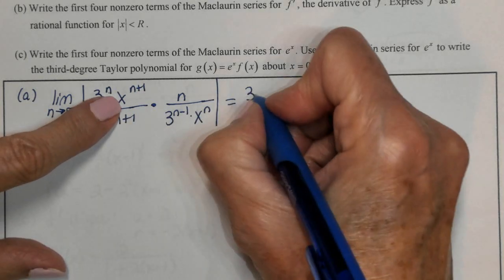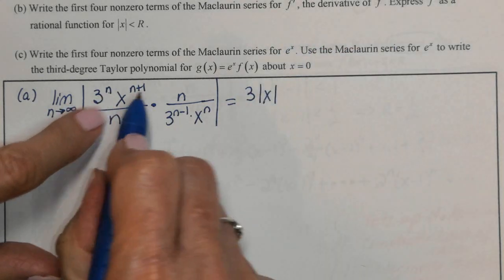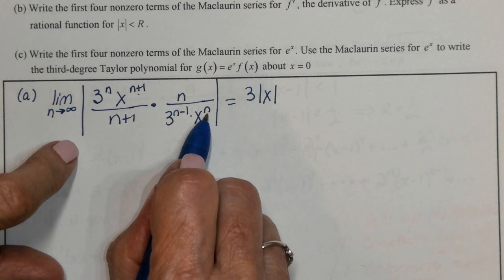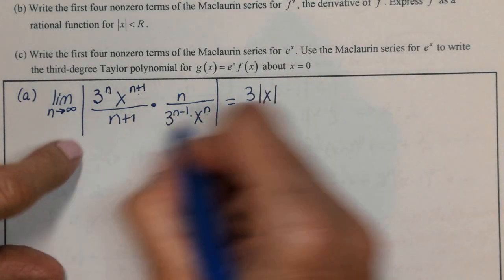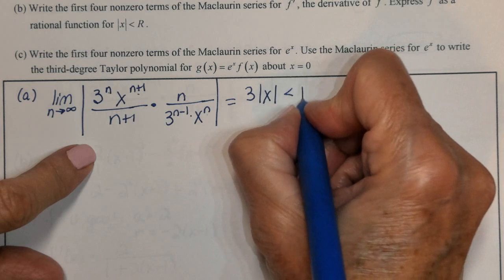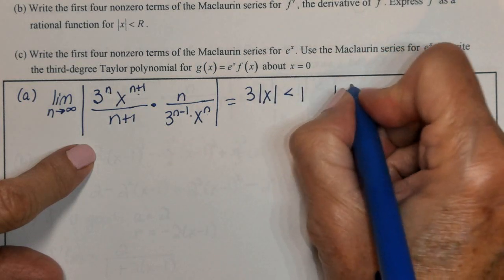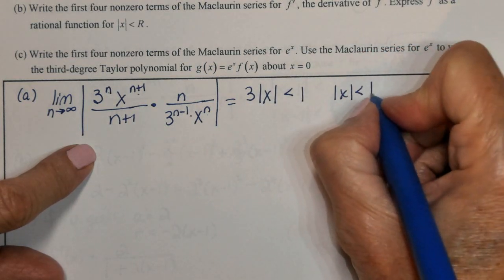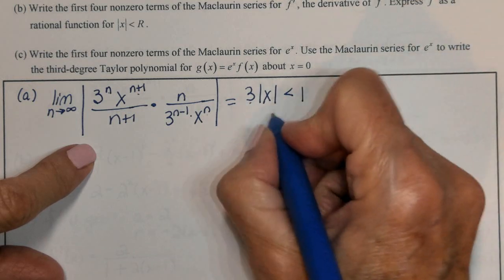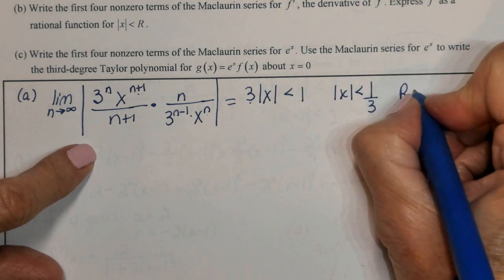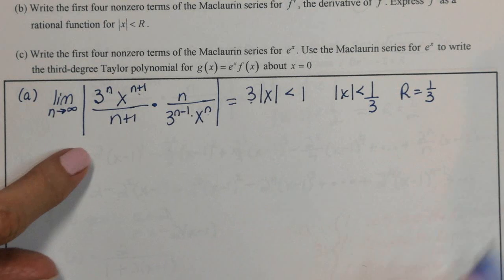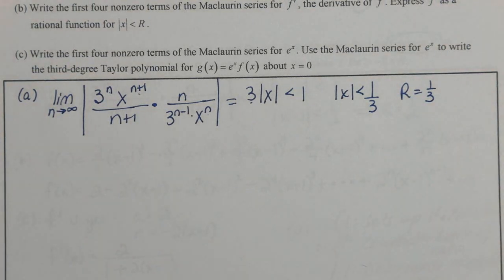And I'm going to have an absolute value of x on top since its power is 1 higher than that power. And that's it. Force this to be less than 1. The absolute value of x is less than 1/3. Divide both sides by 3. So r is equal to 1/3. That right there was worth 3 points.